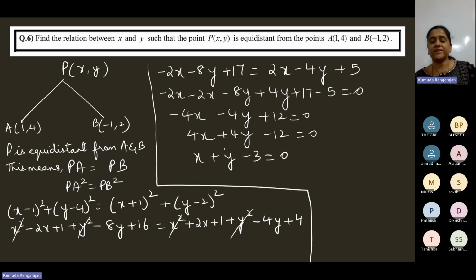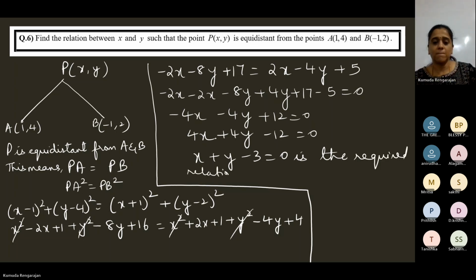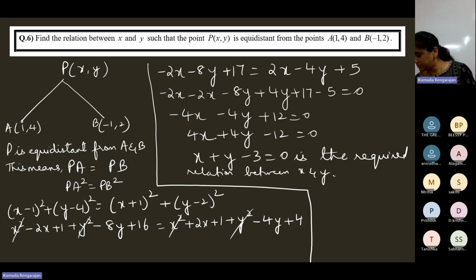So you can just write x plus y minus 3 is equal to 0 is the required relation between x and y. Online children, any questions? Please ask me.